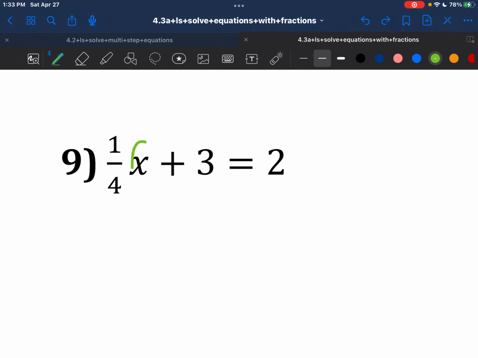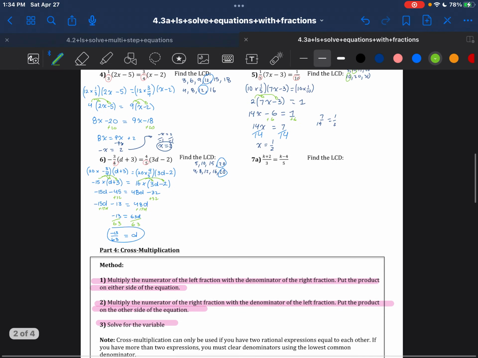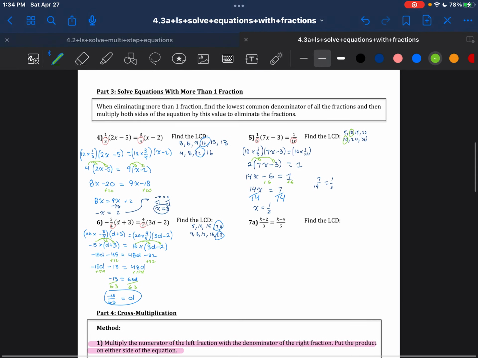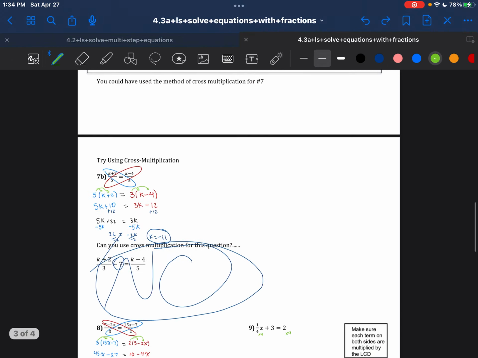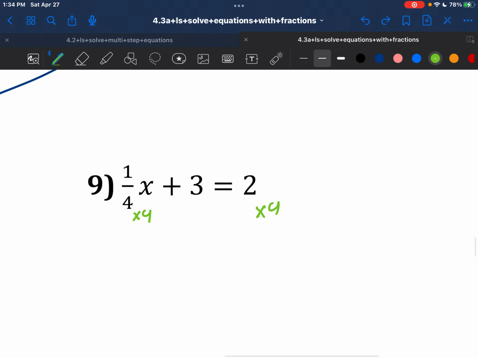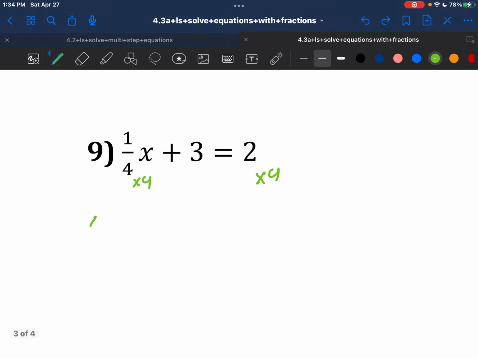So because we have this and it's attached to an x, we're going to want to go like this. Times 4, times 4. But now we want to do the whole entire side by 4. Because the difference between this one and the one over here is that it was attached. It was like a distributive, and we didn't want to distribute it. This one is just on its own. So we want to times the whole thing by 4.